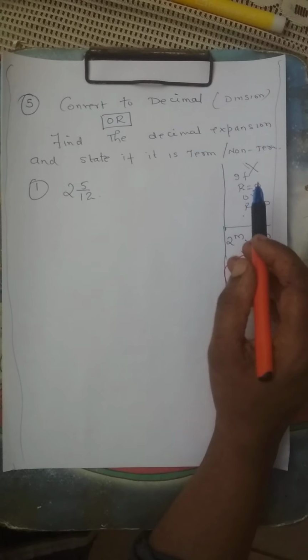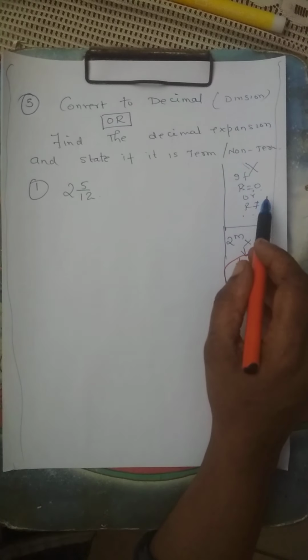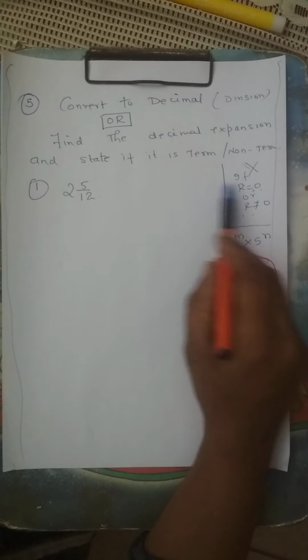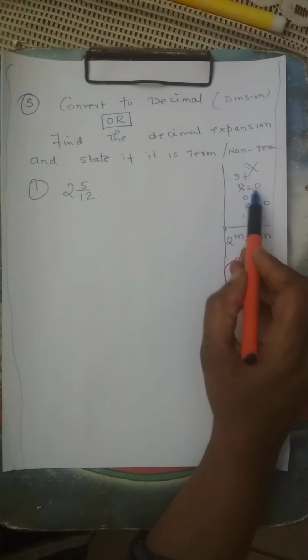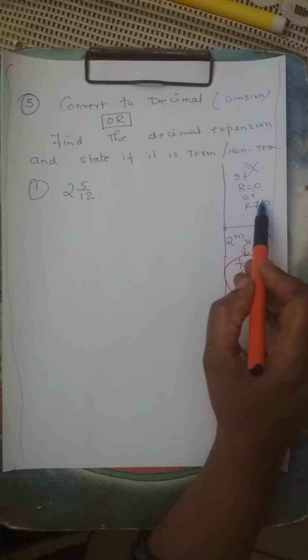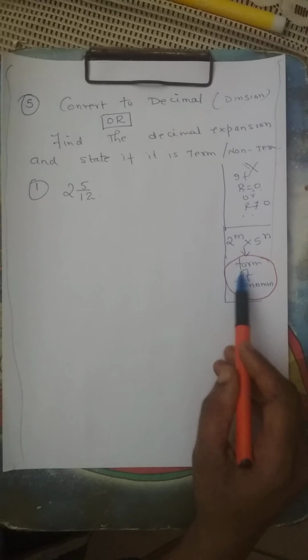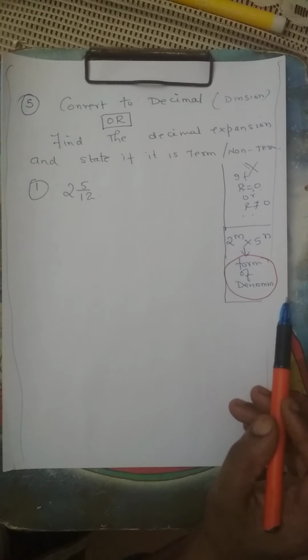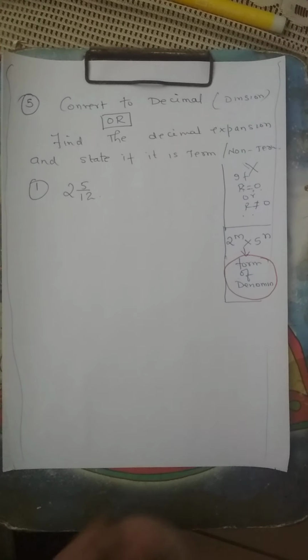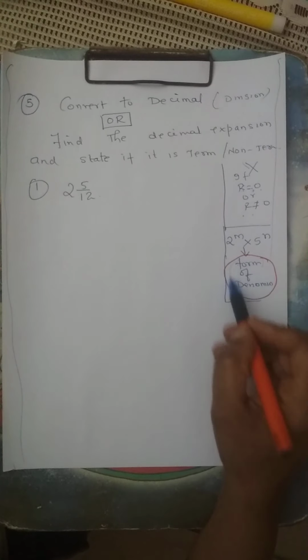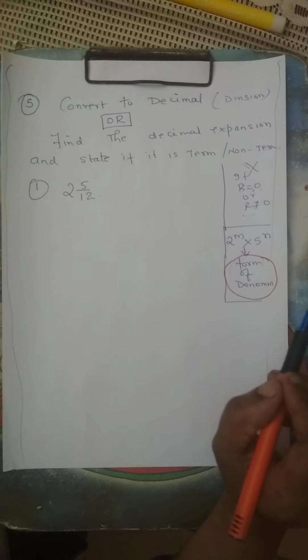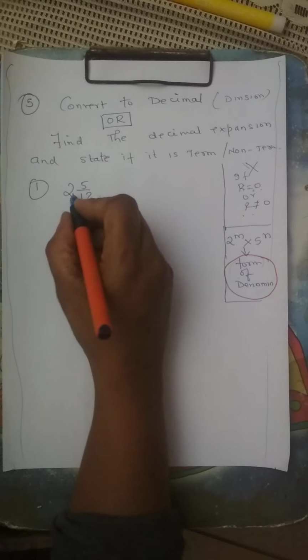When they say find decimal expansion, check if it's terminating or not, that time we do division and we check if remainder is 0 or not. But if they say without actual division, this is the second condition. Is that clear? If it comes without actual division, that time we have to check the denominator. There is one question which we have to do, so we'll do it later.